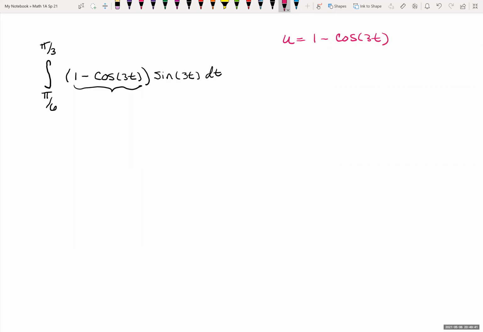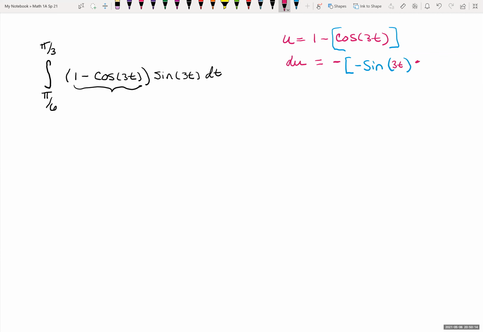So the derivative of u gives du equals the derivative of 1, which is 0, minus... I'm going to have to use the chain rule here. The derivative of cosine, remember derivative is slope, is negative sine. So that's going to be a negative sine of the outer function at my inner 3t.